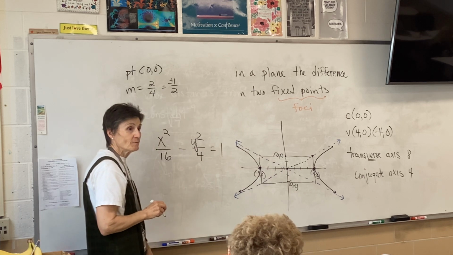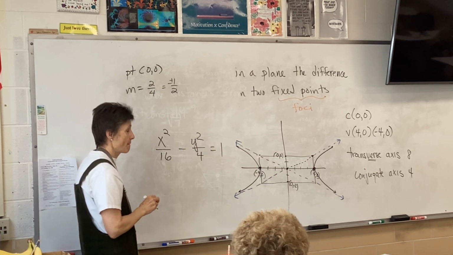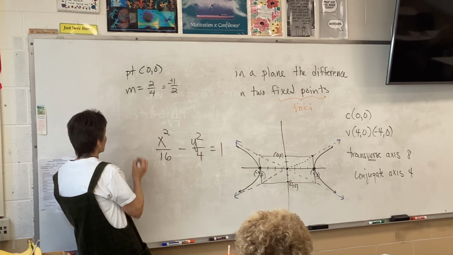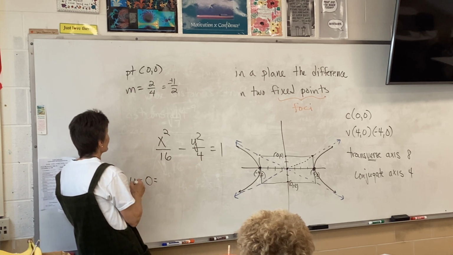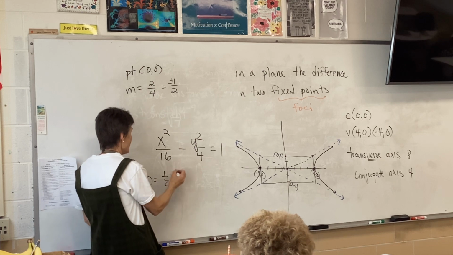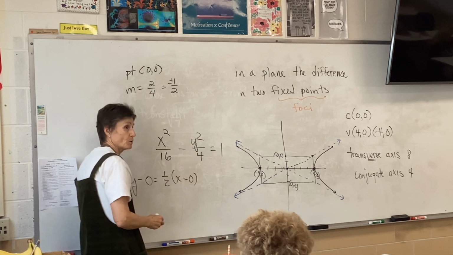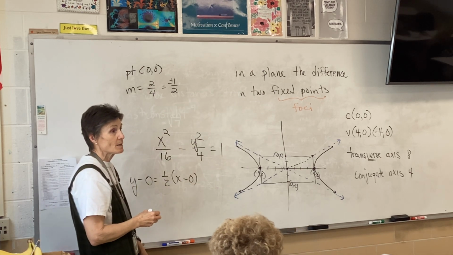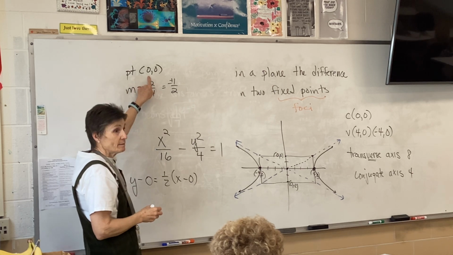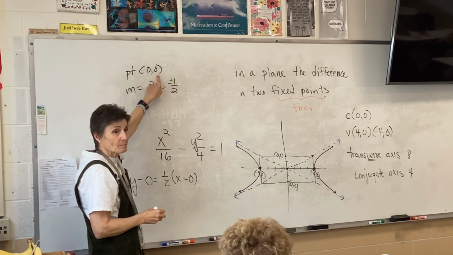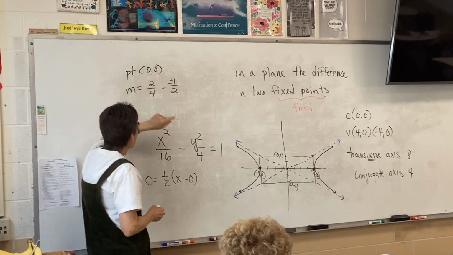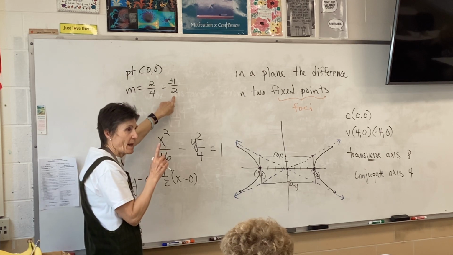Remember how to write the equation of a line? y minus the y coordinate equals m times x minus the x coordinate. I'm using positive 1/2.